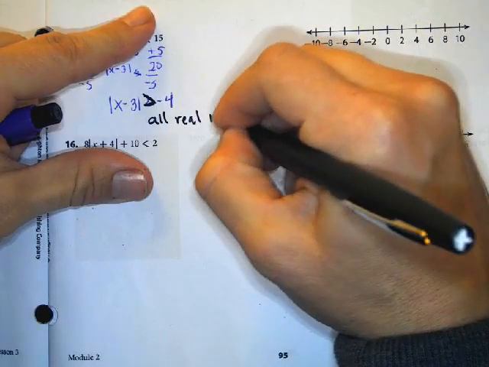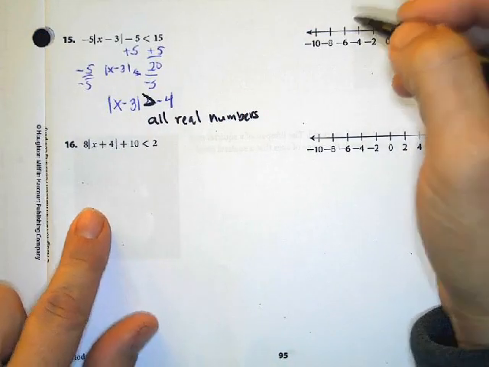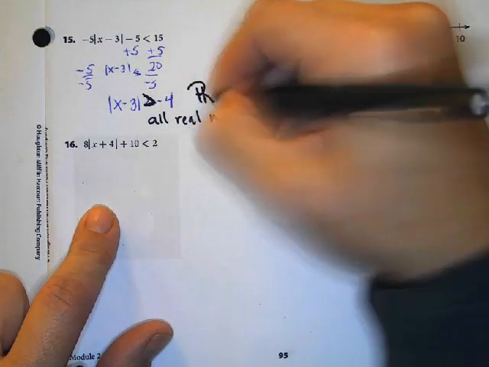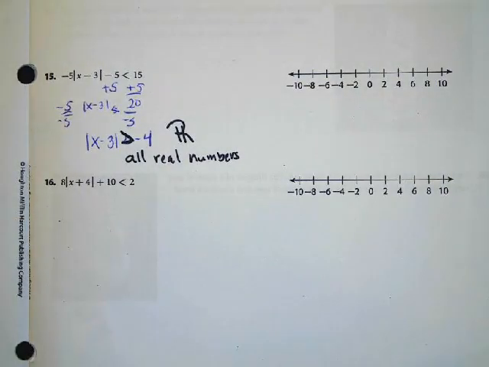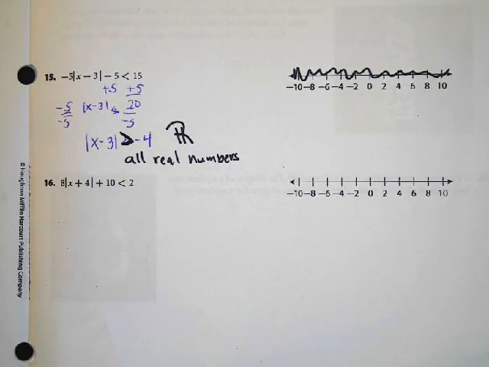What's the symbol that we talked about for all real numbers? The R with the 2 lines, almost like the paragraph. How do I graph that on a number line? The whole thing, right? Interval notation.